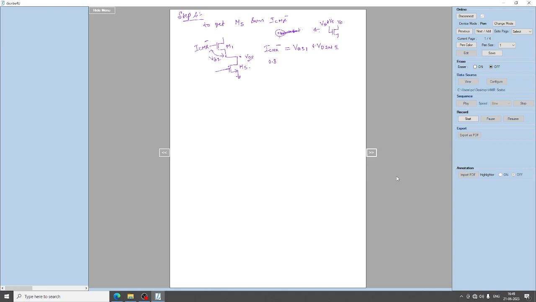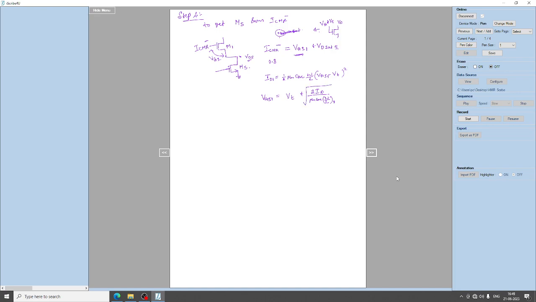Now to find out the value of VGS, we have the current equation for transistor: ID is 1 by 2 mu n COX W by L into VGS minus VT, corresponding to the transistor 1, whole square. In this I will take the expression of VGS1, which is equal to VT plus the square root of 2ID by mu n COX W by L of 1, for the transistor M1.